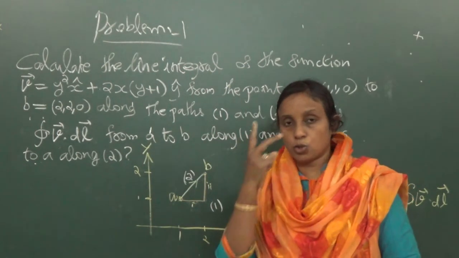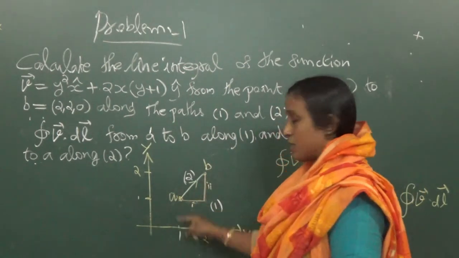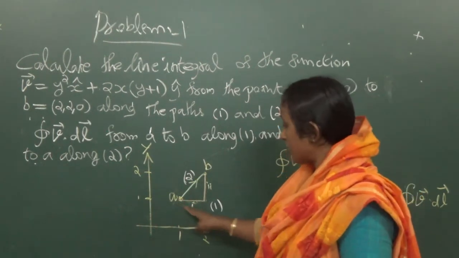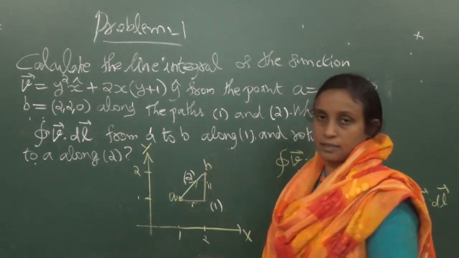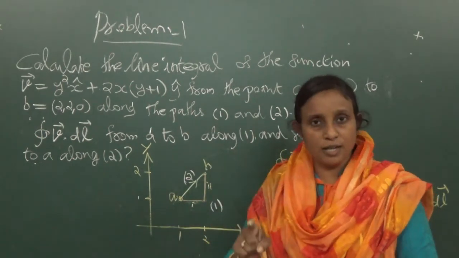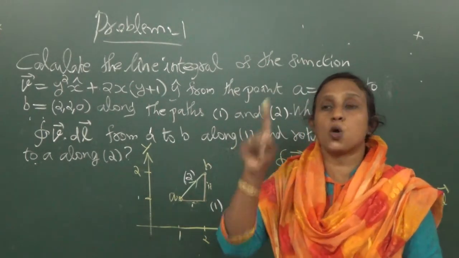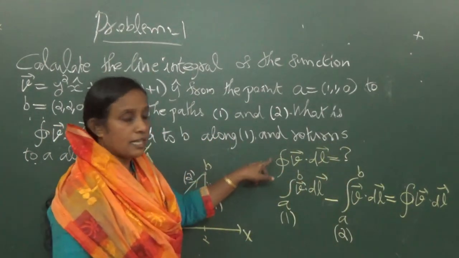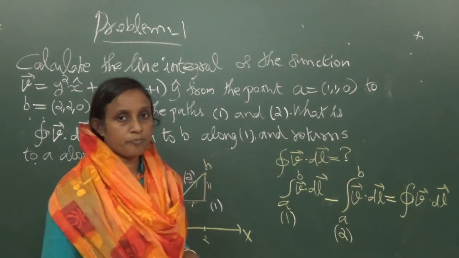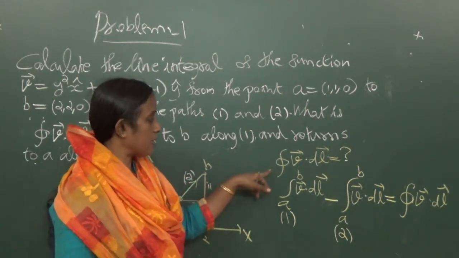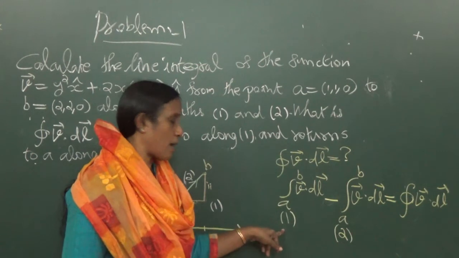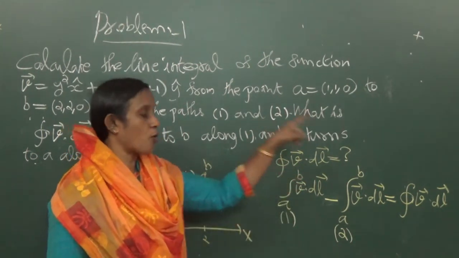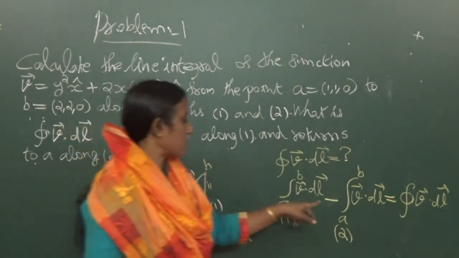Now there are two paths connecting these 2 points, path 1 and path 2. But you want to find out the integration over a closed loop, the integral v dot dl. How do you get this? Integral A to B along path 1 of v dot dl plus integral B to A along path 2, that is what we have written here.